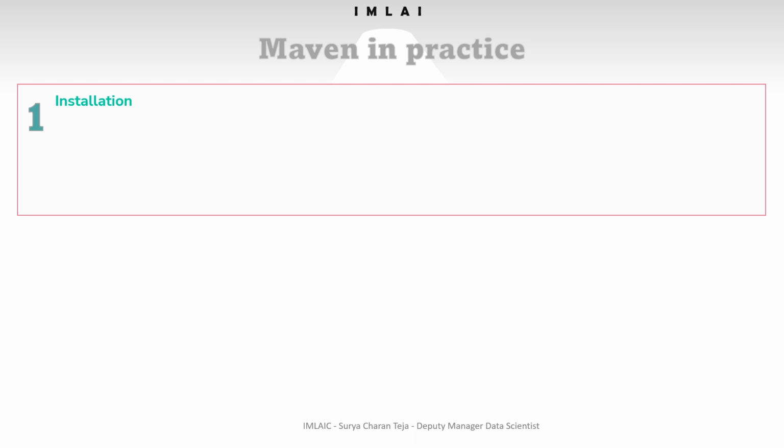We have also seen the different build life cycles and phases in a life cycle, so now it's time to put Maven into practice. Let's begin with the installation procedure.